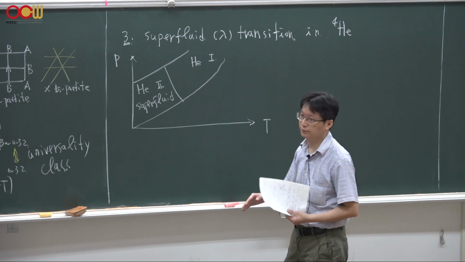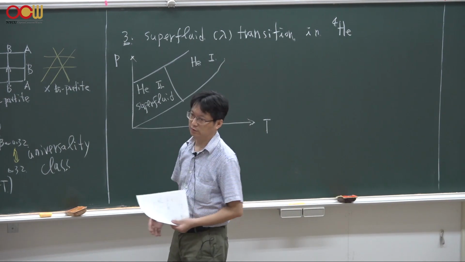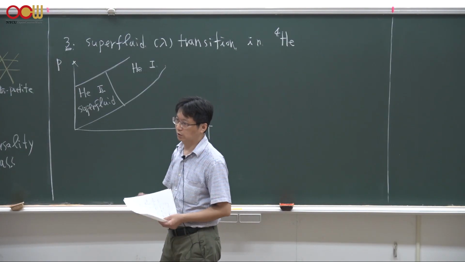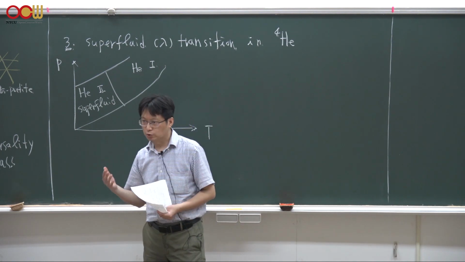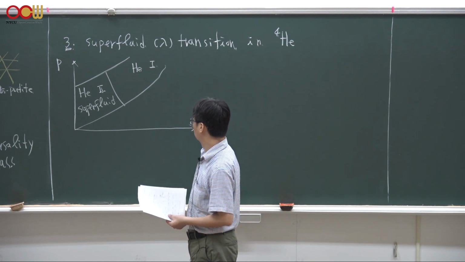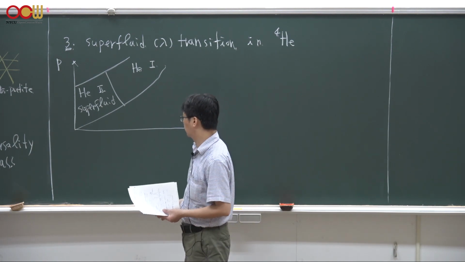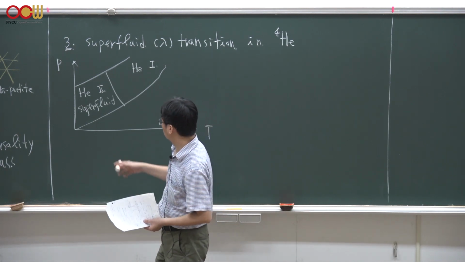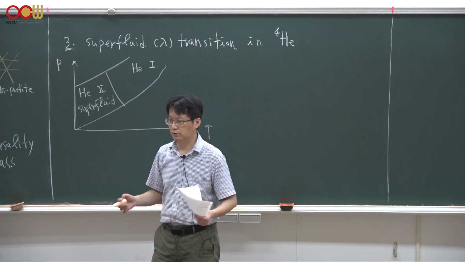Consider this as a perfect flow of the fluid without dissipation or viscosity. In terms of charged particles, the superfluid is like a superconductor. In superconductors, electrons can move without resistance. It's a perfect conductor. So you can consider this superfluid as a perfect fluid without friction, without dissipation.